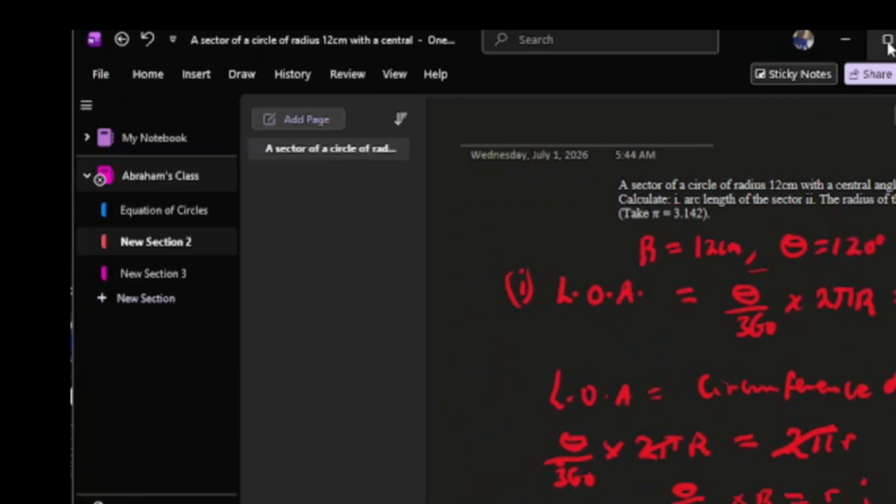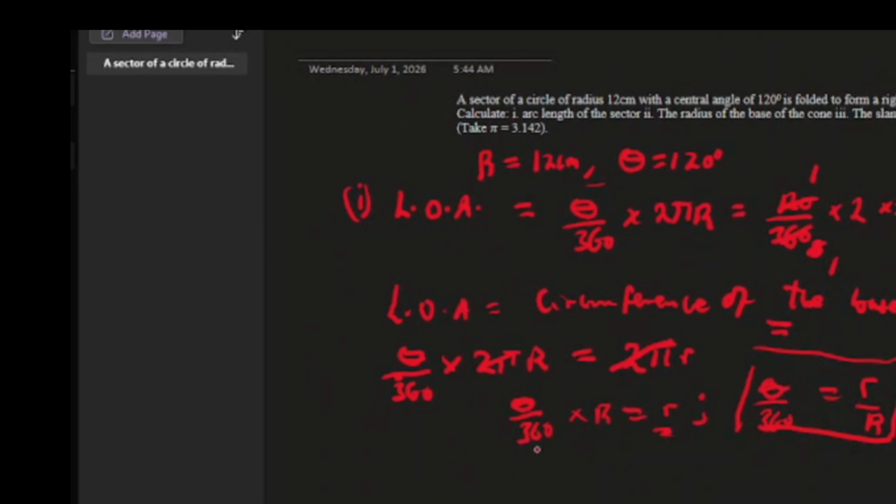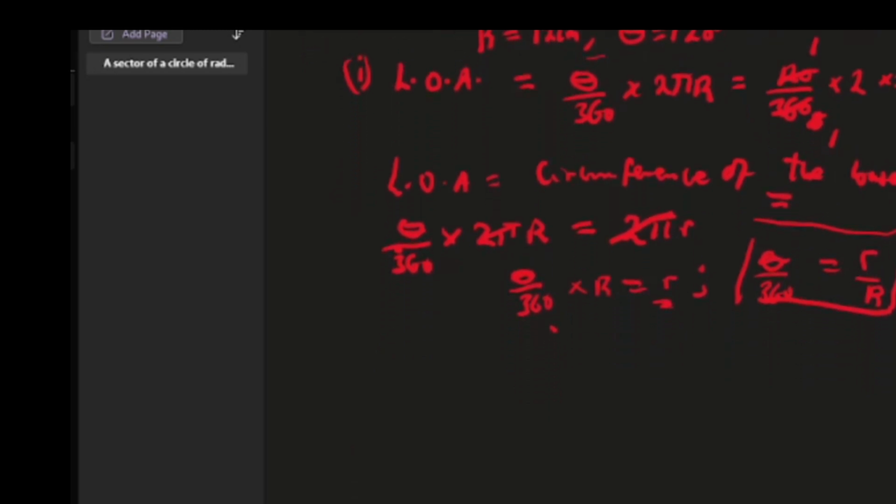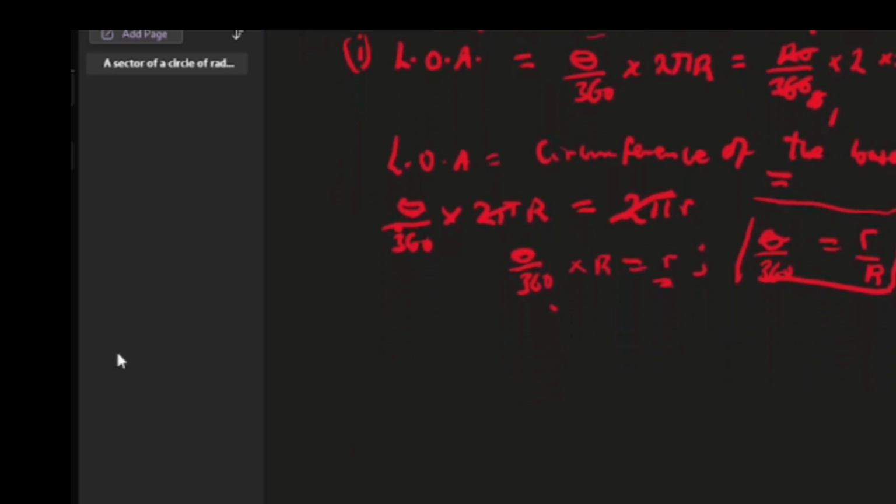So the small r now equals theta over 360 times big R. Theta is 120 over 360 multiplied by 12, and that's our small r.